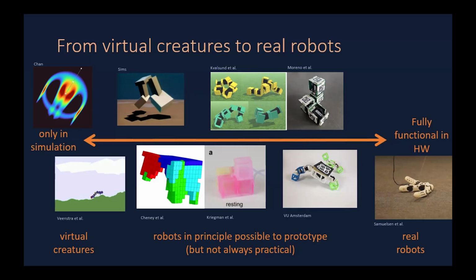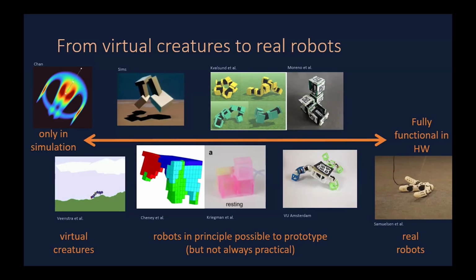And then we have seen lots of examples recently of voxel-based robots. In theory, it is possible to produce them in practice. We've seen some examples of silicone molds of voxel robots, and we've also seen these very interesting xenobots. But usually these instantiations are quite complex to produce, and we have only seen low resolution robots so far.